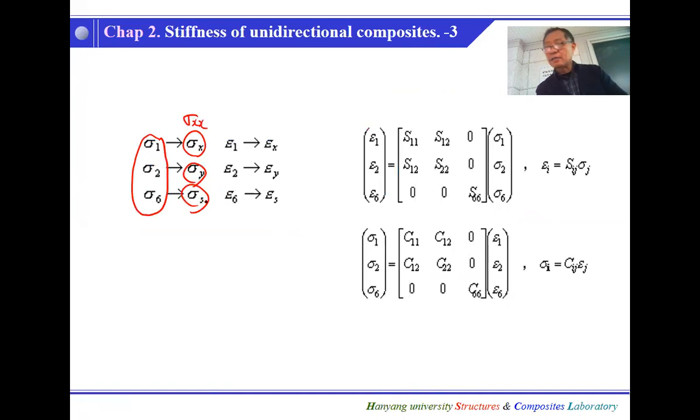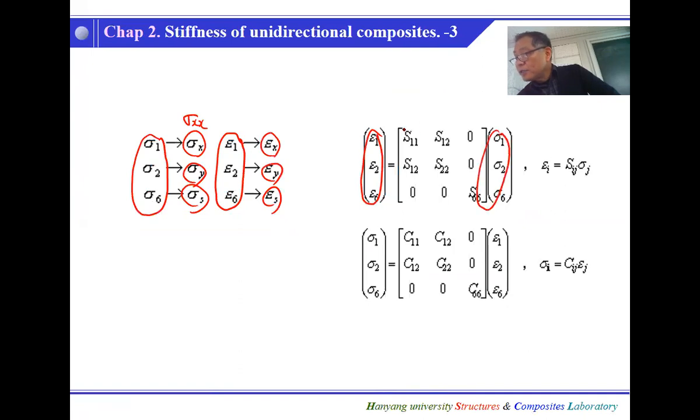And now for strain, the same: epsilon x, epsilon y, and epsilon s. So instead of all 6 by 6, we just use these 3 terms, and these 3 by 3.